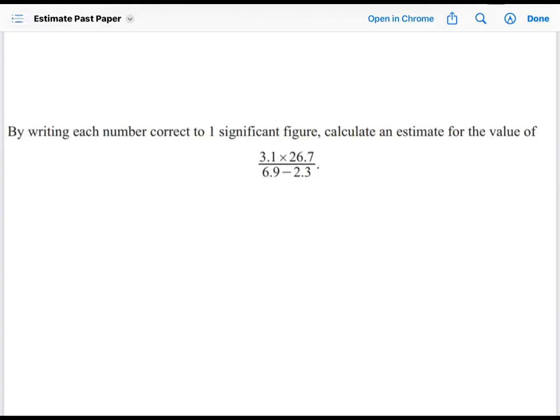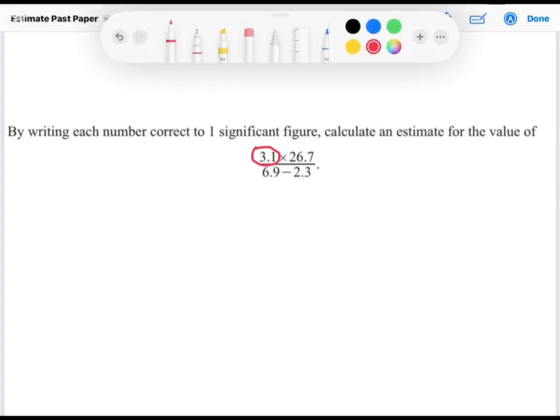estimate the value. So first thing, we have done the basic concept of how we can convert the number into significant figures, if we need to convert into two significant figures or one significant figure. These questions come in the non-calculator paper. So starting with this question, the first number is 3.1. We need to convert this into one significant figure.